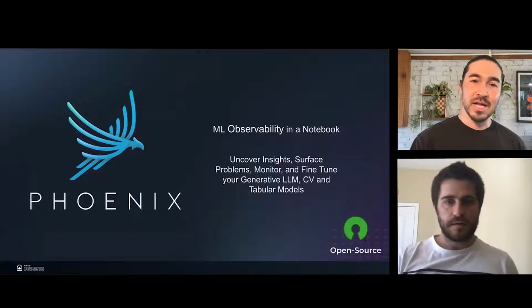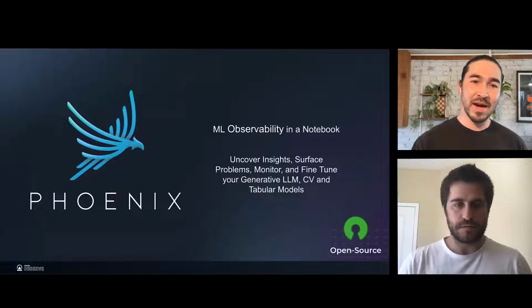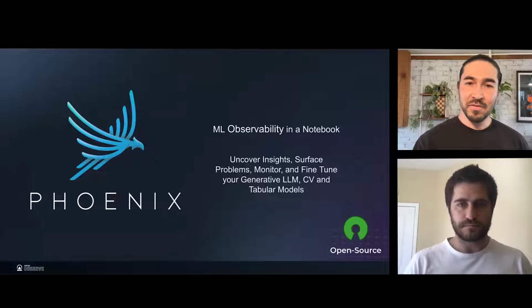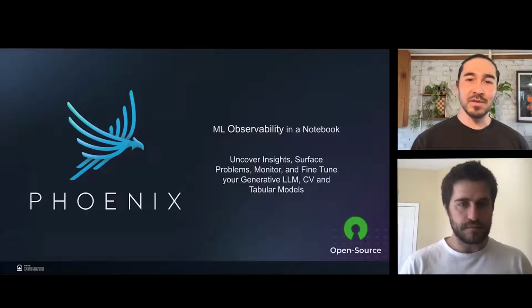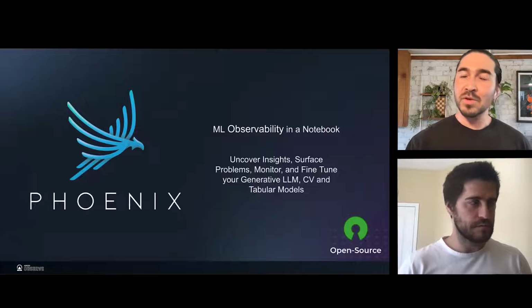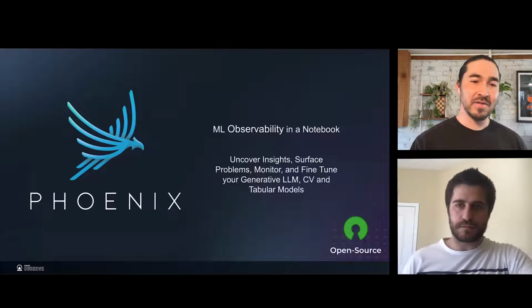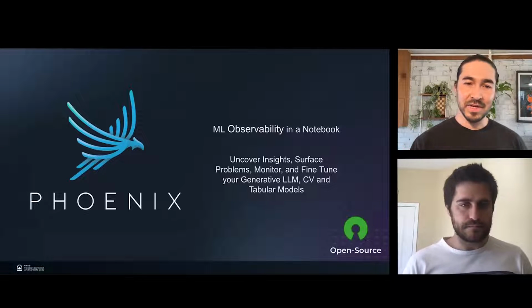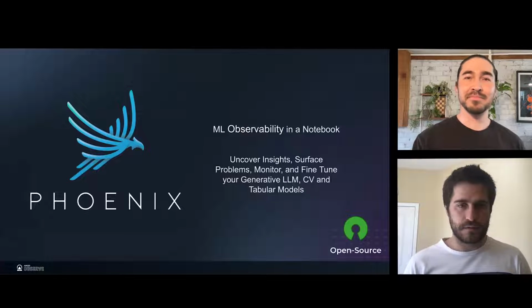Our new open source library is called Arize Phoenix, and it is specifically targeted at providing machine learning observability in the notebook. It's well suited for models that deal with unstructured data, such as computer vision and natural language processing, but normal tabular models can benefit from this as well because we have convenient embeddings generators. And lastly, Phoenix has built-in support for large language models in the form of prompts and responses.